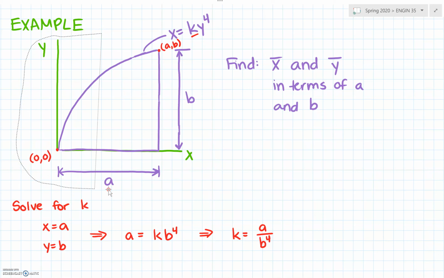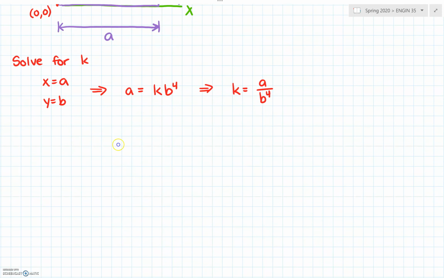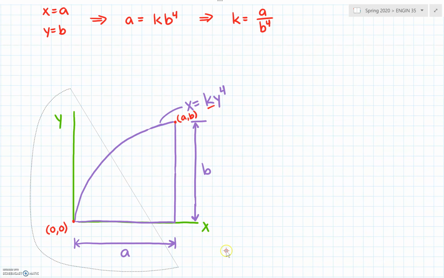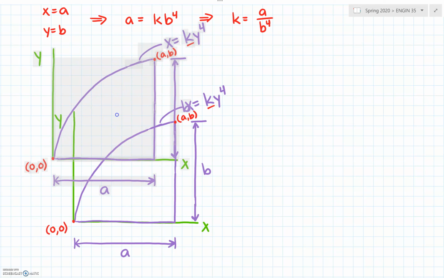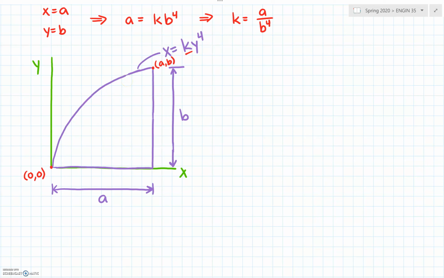Once we have that, we can start solving our problem. I'm going to copy and paste this picture down here. I'm going to consider a teeny tiny rectangle here. The height of that rectangle is going to be y, and the width is going to be dx.